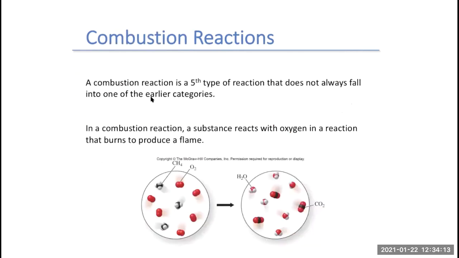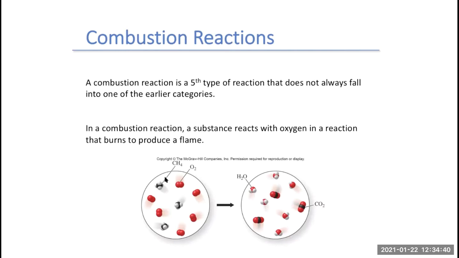Finally, looking at our last type of reaction is a combustion. This is typically what we call a fifth type of reaction because it doesn't really fall into any of the earlier categories. The closest we can do is put it under the oxidation reduction reactions. So in a combustion reaction, a substance reacts with oxygen and that burns to produce a flame.